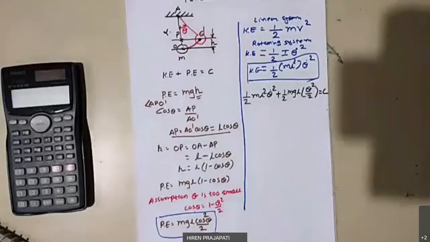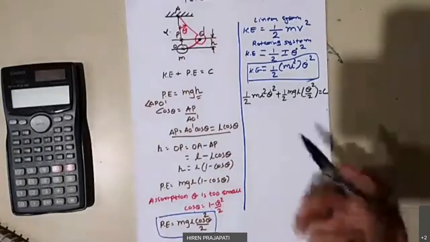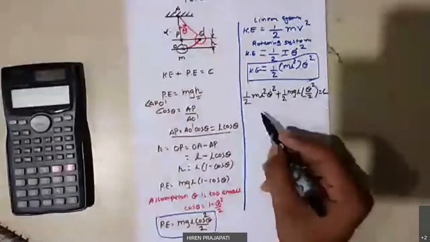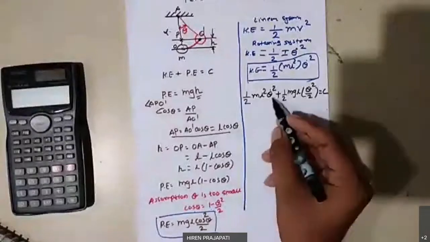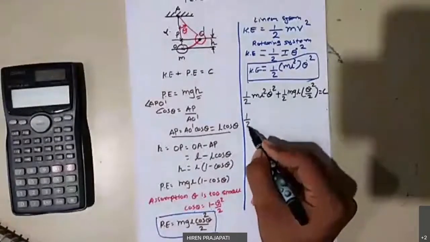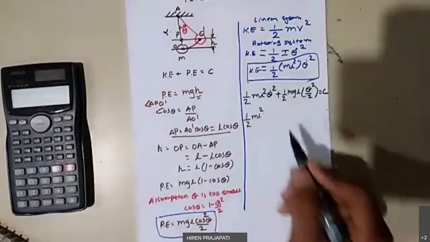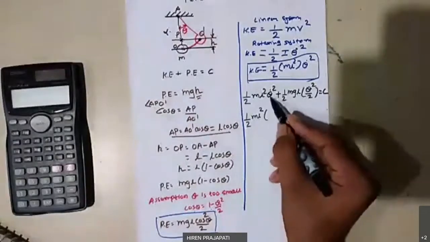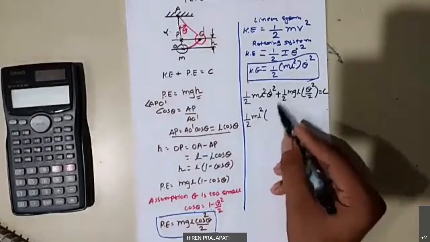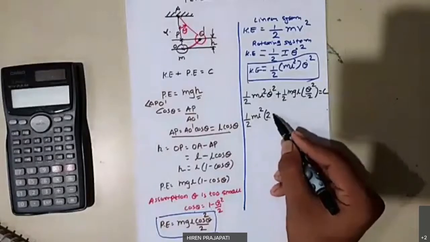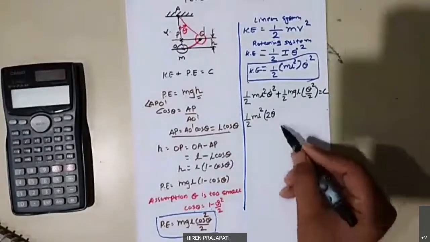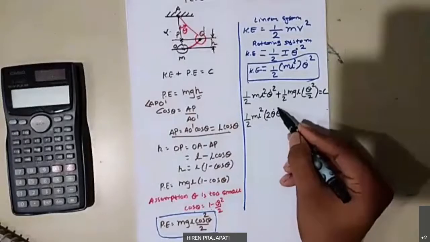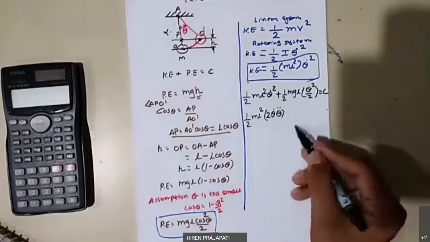Now, what we have done so far in the energy approach, now we are differentiating this equation by time. Then 1/2 ml square is constant. Now differentiation of theta square, differentiation of velocity is 2 into velocity, and again differentiation of velocity with time, then acceleration, right?